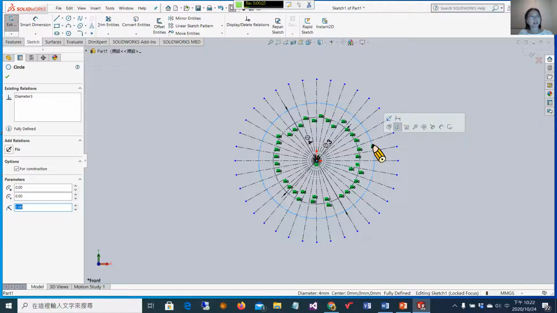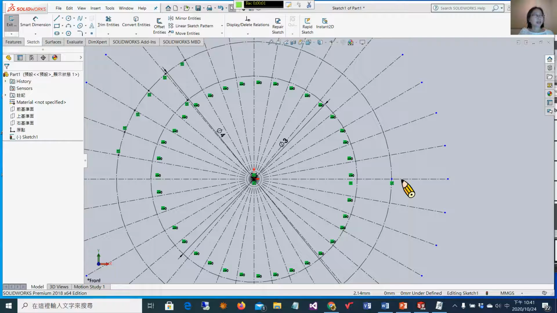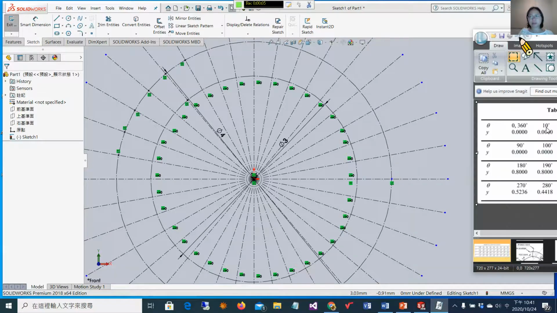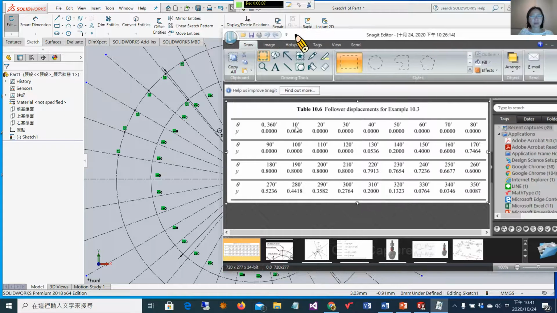In this case, we only need to draw line segments for the rise and return regions. Let's see the follower displacement program. The follower is dwelling from the cam angle 0 degrees to 120 degrees.